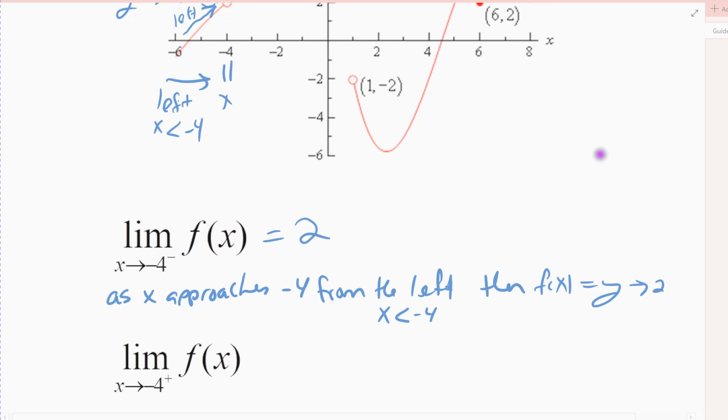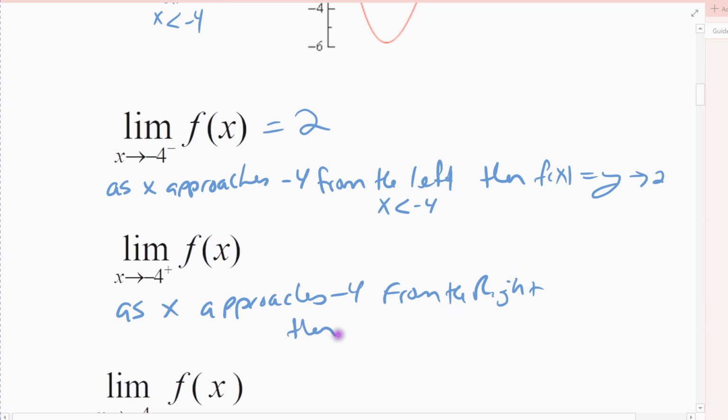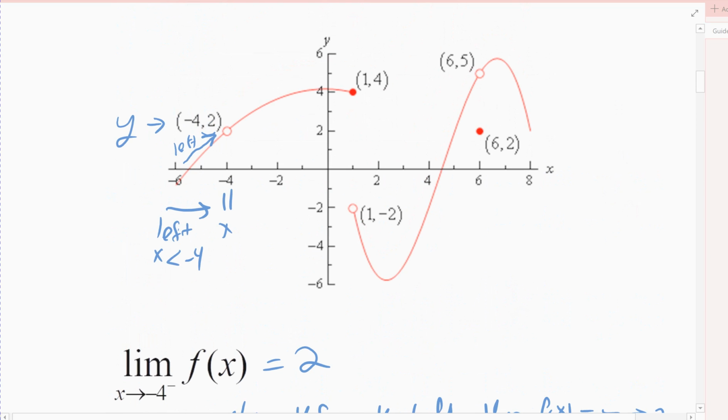All right, well, still looking at my -4, but now we're going to go to the right side. So as x approaches -4 now from the right, how does the function behave if I'm looking on the right side of -4? And so I go up here, and maybe I'll change to a different color.